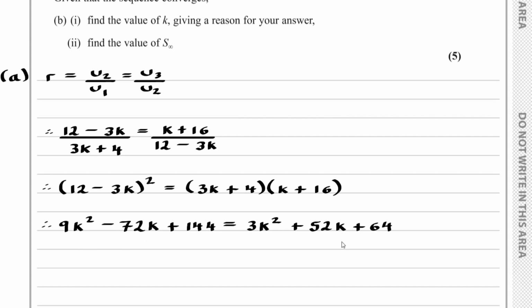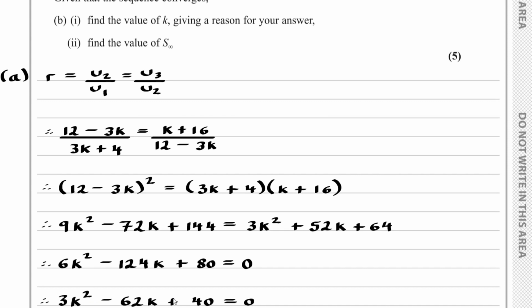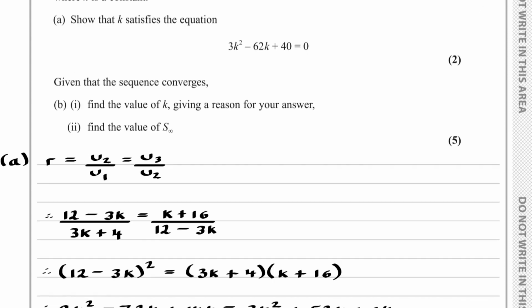And if we rearrange by taking everything over to the other side, we end up with 6k squared subtract 124k plus 80, and this is equal to 0, and if I divide through by 2, you will find 3k squared subtract 62k plus 40 is equal to 0, and that's exactly what we wanted to show.